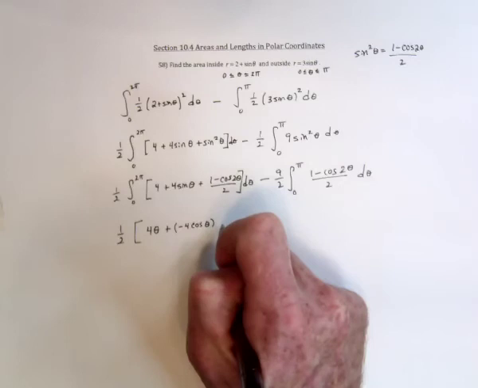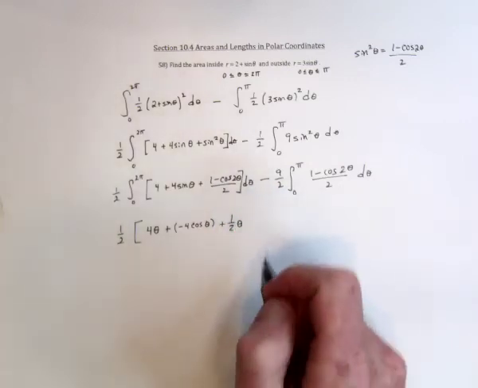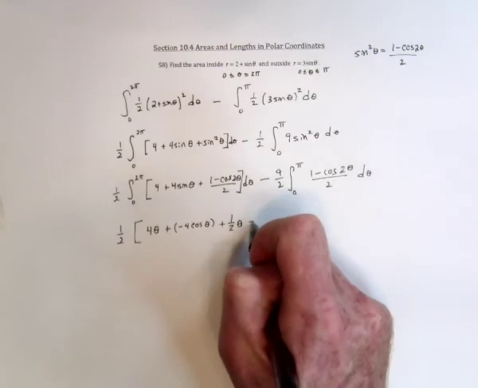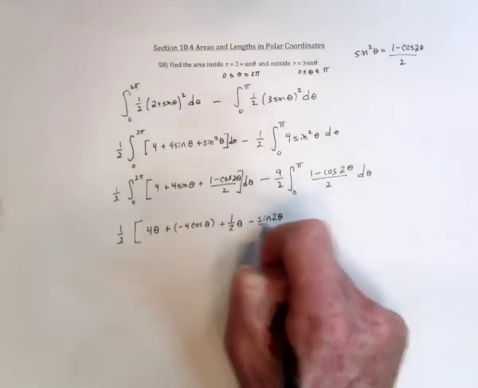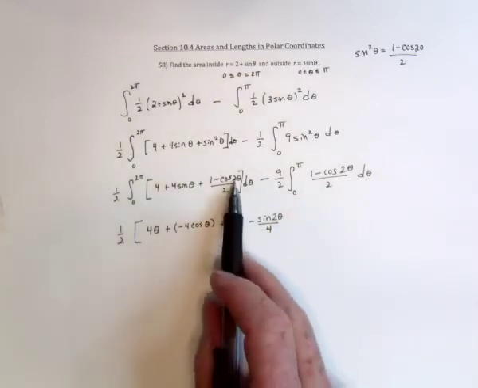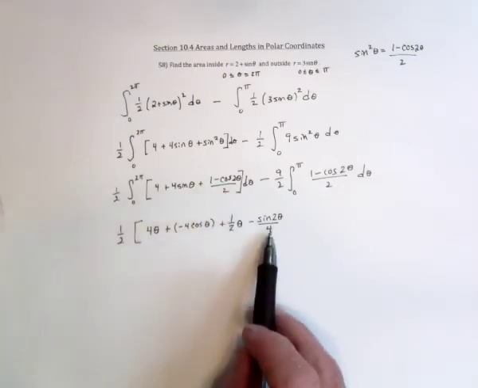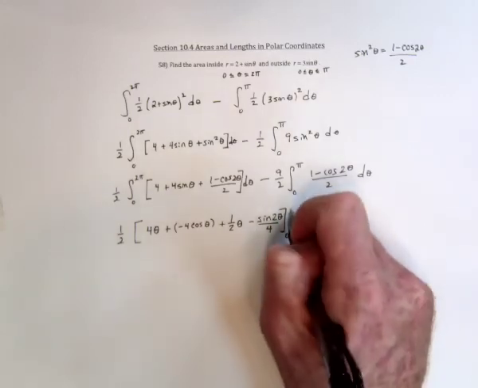For the 1/2, that's plus 1/2 theta, and then minus sine of 2 theta over 4. It's already over 2, so you would need to do the chain rule, take the derivative of this, and divide by that 2, which creates a 4 here. And then evaluate that from 0 to 2 pi.